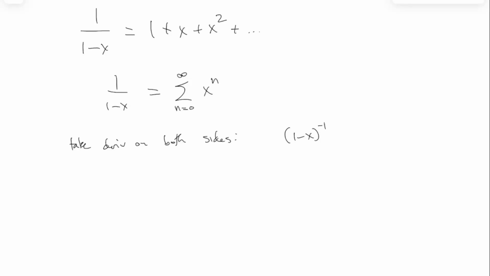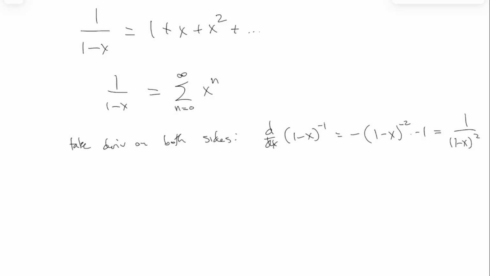And so the derivative of that, using the chain rule, is minus 1 times 1 minus x to the negative 2 times negative 1. That negative 1 at the end is from the chain rule, the derivative of the inside. So it all ends up being 1 minus x to the minus 2 power, also known as 1 over 1 minus x squared, like that.